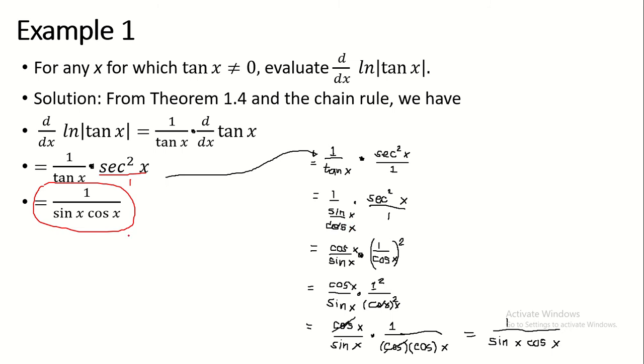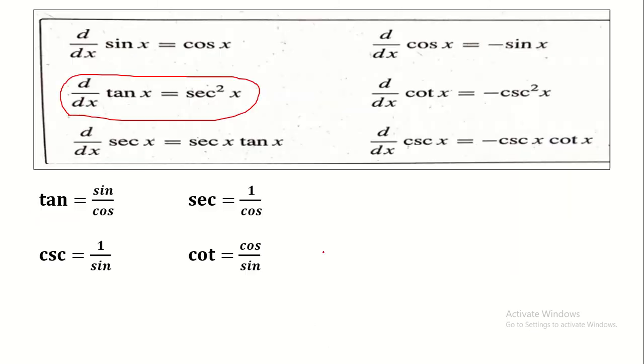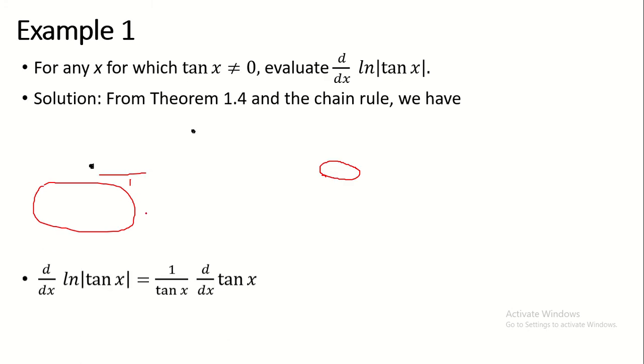Paano nangyari yon? Yung tangent x natin, tatandaan natin na equivalent siya sa ratio ng sin x over cosine x. Kung babalikan natin doon, yung tangent natin ay equivalent sa ratio ng sin over cosine.